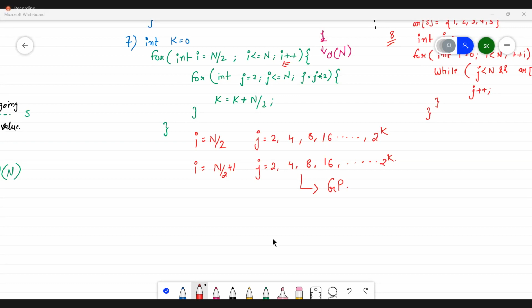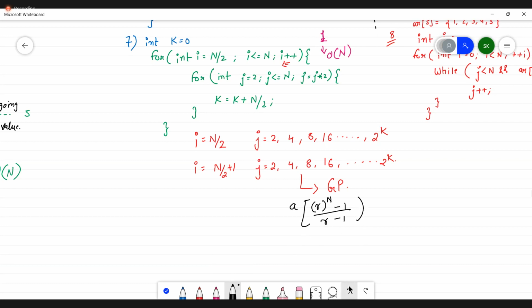Okay, so its formula will be, I'll just write it. Let's see now what it is going to come. It is an increasing GP. So now it will be A into R to the power n minus 1 divided by R minus 1.